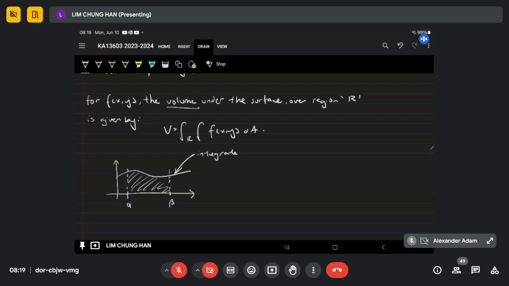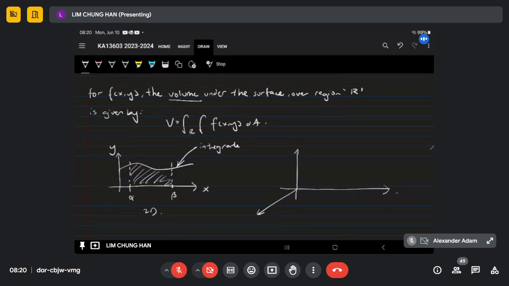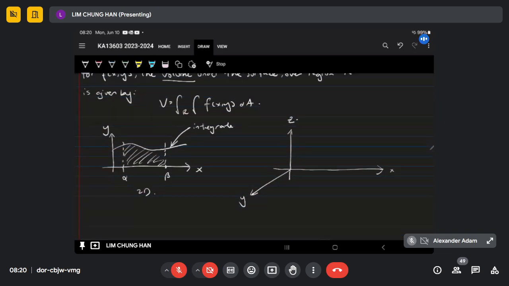Now in calculus 2, in calculus 1 we have two variables only, so it's 2D. In calculus 2, we are looking at at least 3 or 4 variables, so it becomes 3D.